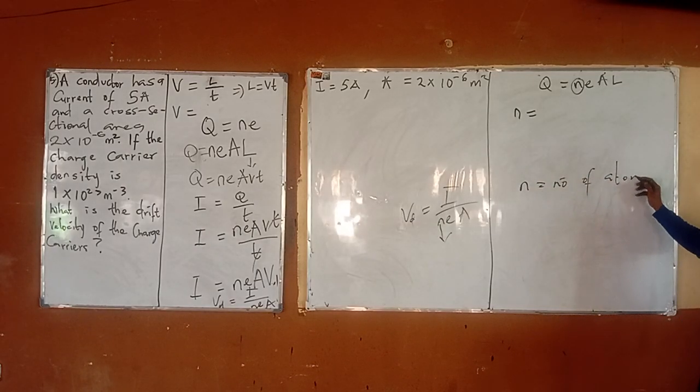Let's say they give you a question, and at the end of the day you come and hear that the charge is on the surface or is on the nucleus. n e will simply be just the number of atoms, because inside a nucleus you have proton and electron, if you still remember. On the surface, you have the nucleus.